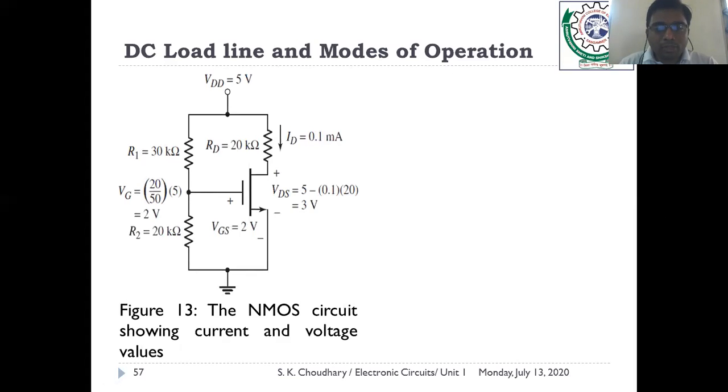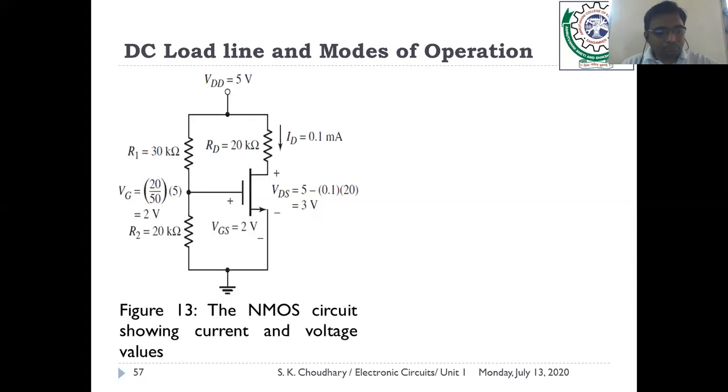One more thing we have done: we have allocated the value of VDD as 5 volt, the biasing resistors R1 as 30 kilo ohm, R2 as 20 kilo ohm, the load resistor or drain resistor RD as 20 kilo ohm, and also the drain current ID equal to 0.1 milliampere, VDS as per the formula becomes 3 volt, as well as VGS is 2 volt.